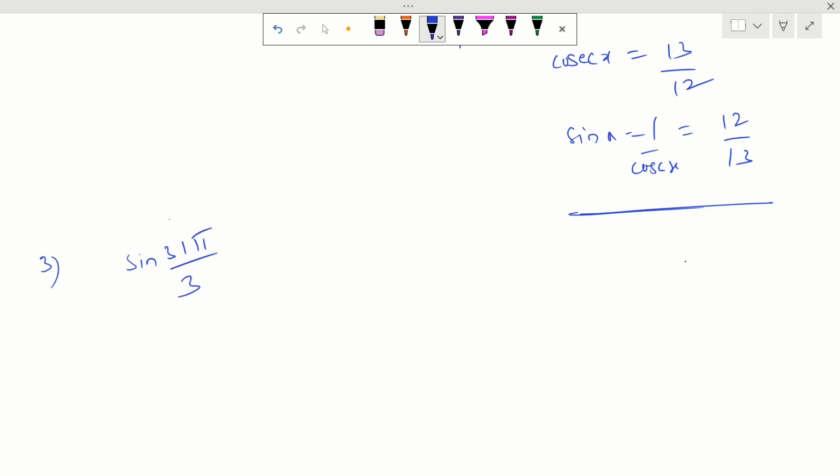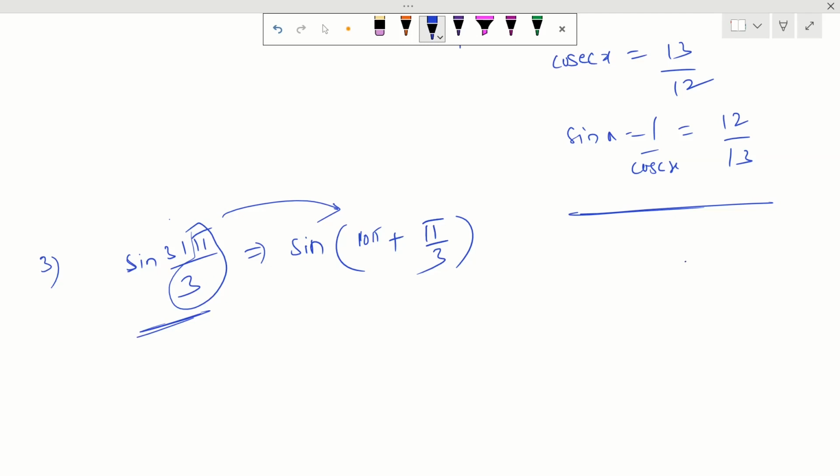When we have to find the value of sine 31 pi by 3 and this type of problem is given, we have to simplify it by writing pi by 3 separately, and the remaining term comes here. 10 pi's times 3 is 30 pi, and 30 pi plus pi is 31 pi, so both meanings are the same. When a problem is given in this form, we have to simplify it like this. So this is in which form?